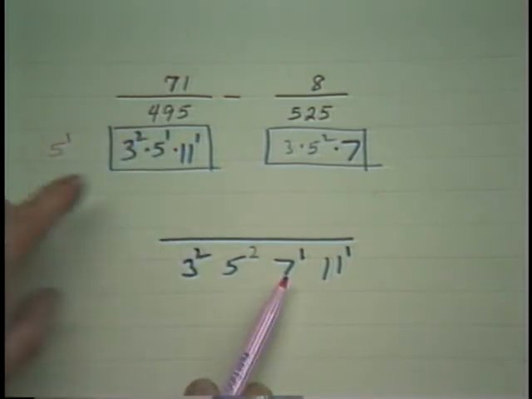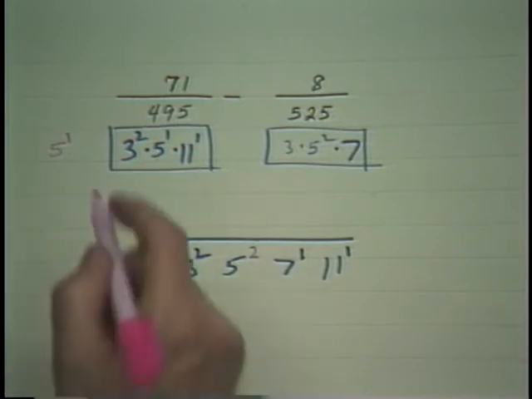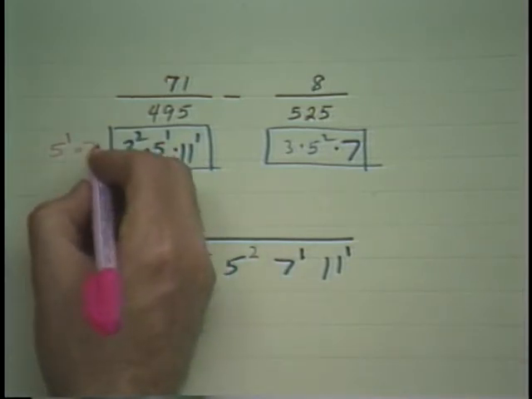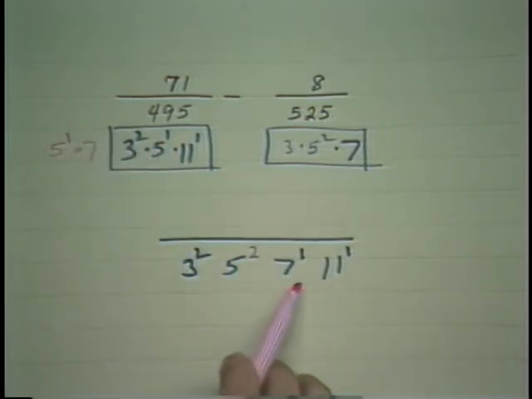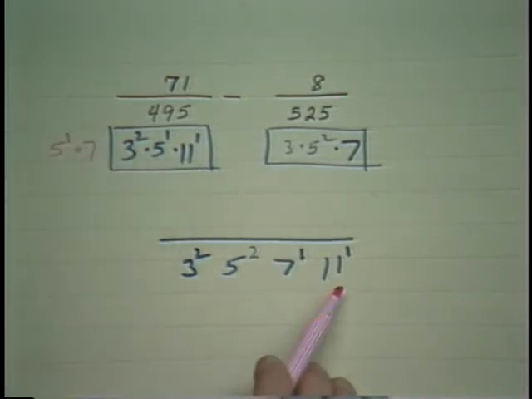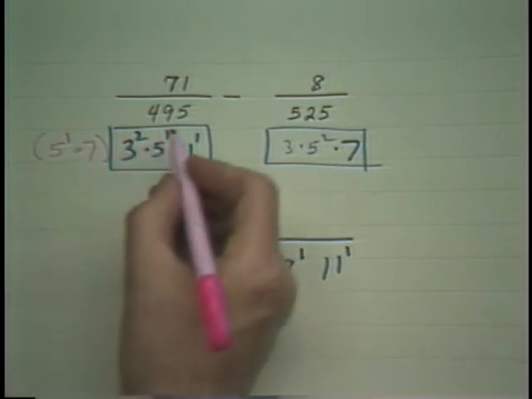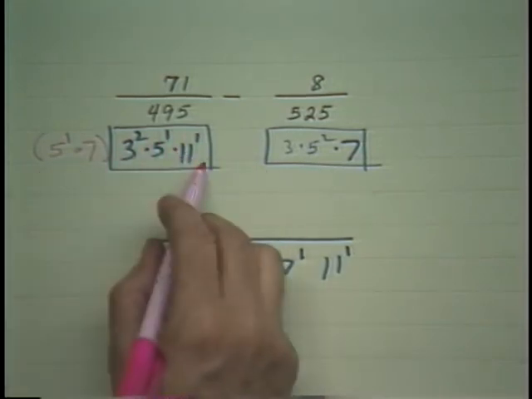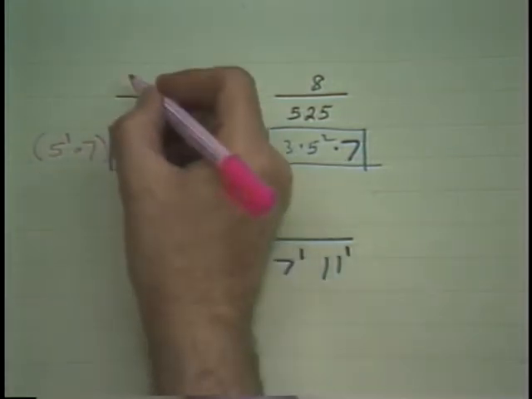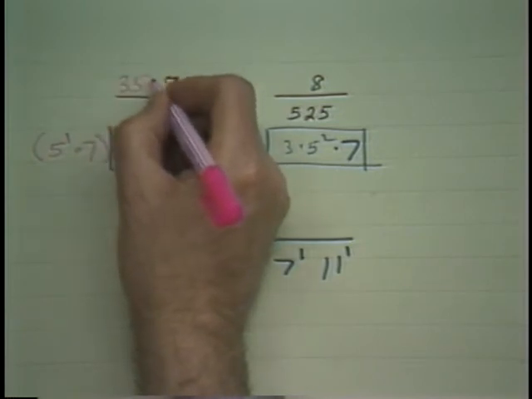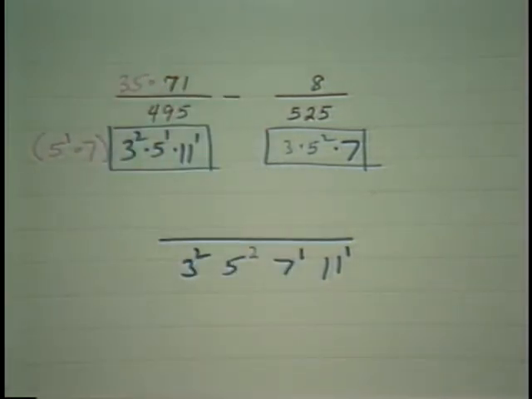This one has 1 7, this one has none, so I give it one more. This one has 11, this already has it. So I needed the additional factor 35 on the bottom to make this become this. But then I must multiply the top by 35 too.